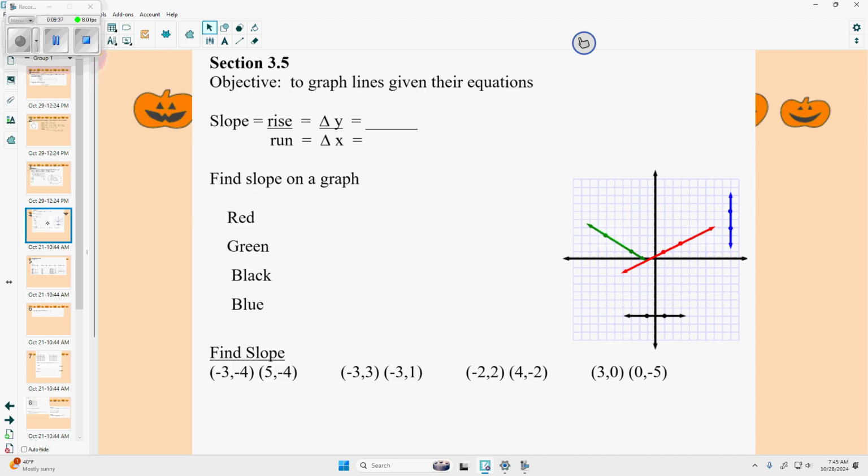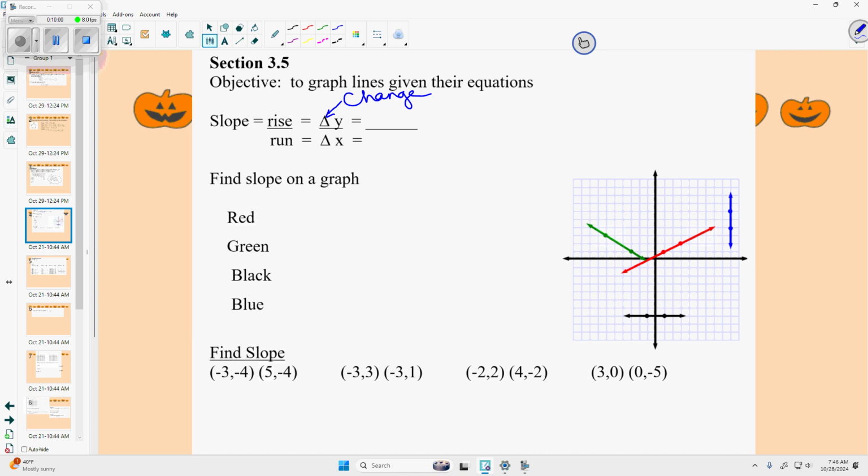So when you look at this next symbol, that triangle with the weird thicker side stands for change. The change in y's over the change in x's. If I want to know how far up it went, how tall it is, I count from one y to the next and say how many spaces I have moved.